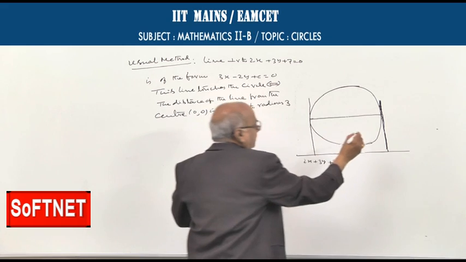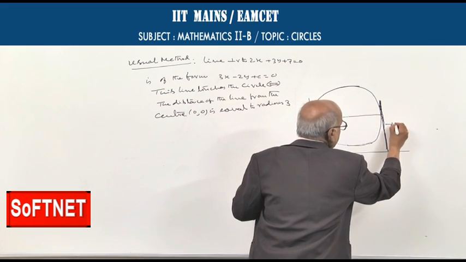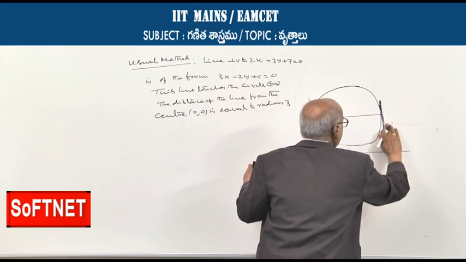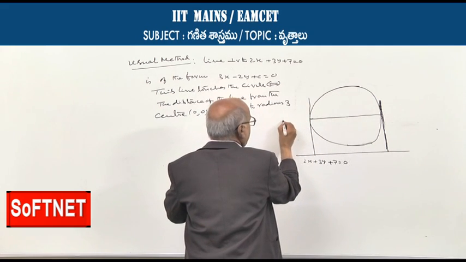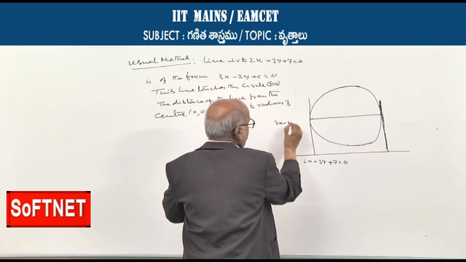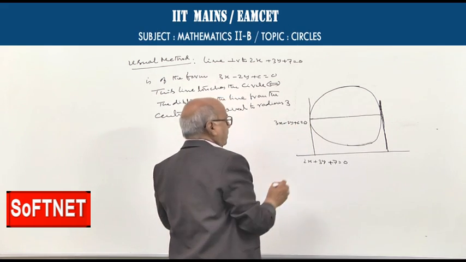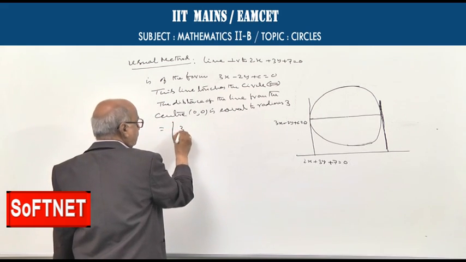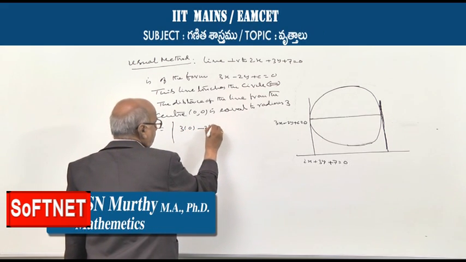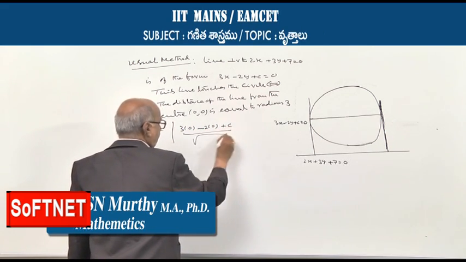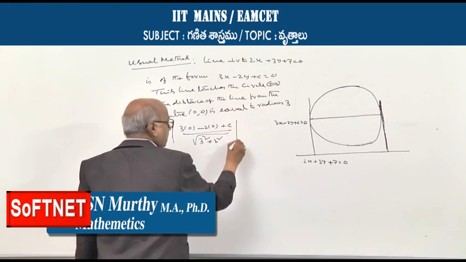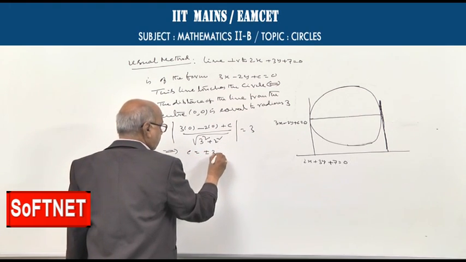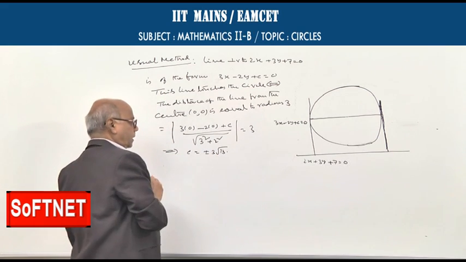3. So this equation is 3x minus 2y plus c is equal to 0. So that means modulus of 3 into 0 minus 2 into 0 plus c by square root of 3 square plus 2 square is equal to radius 3, or that implies c is equal to plus or minus 3 root 13.